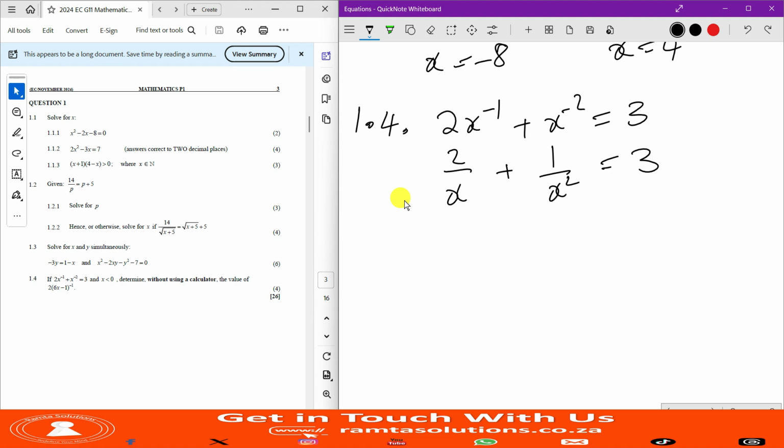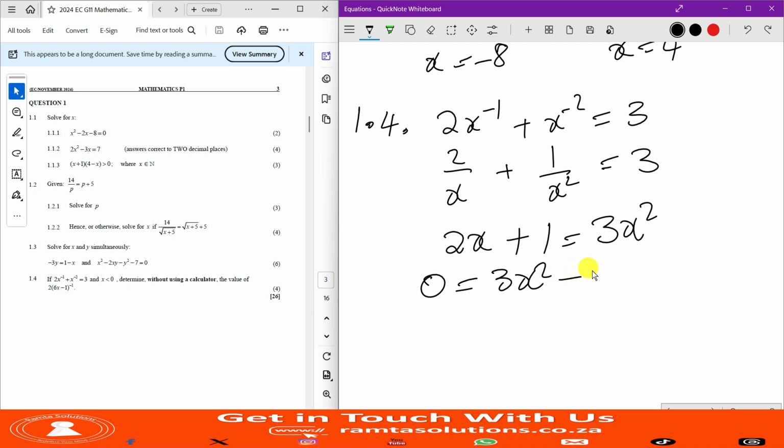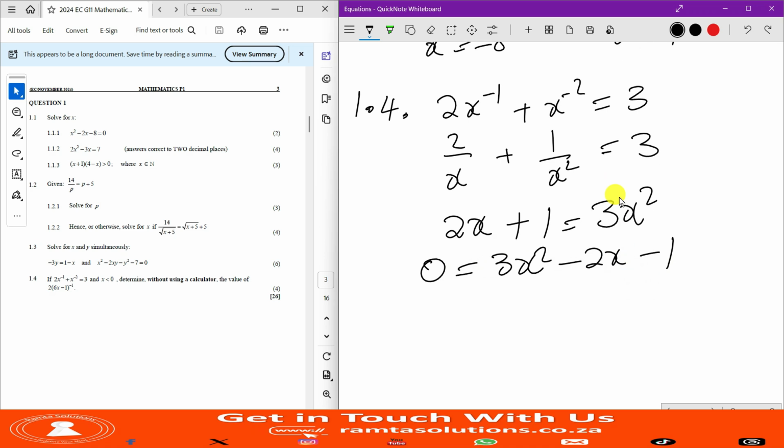So multiplying by x squared throughout, we will have 2x plus 1 equals 3x squared. Therefore, 0 equals 3x squared minus 2x minus 1. Right?